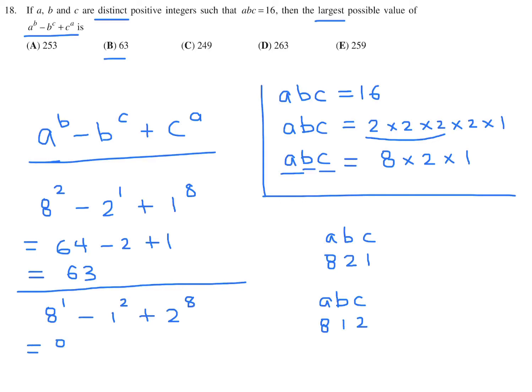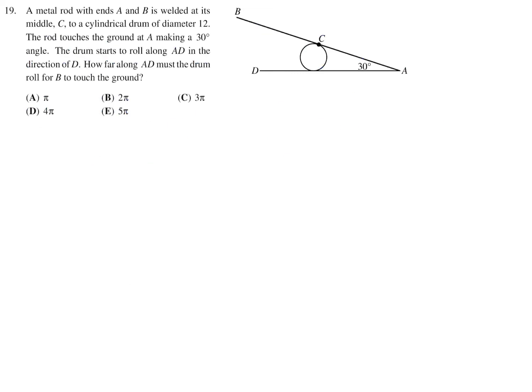All right, so this is 8 minus 1 plus 2 to the power of 8 is 256. So this becomes 264 minus 1, so 263. So that's pretty big. And I think that's the largest one that they give us. So yeah, there's no answer choice larger than that, so that's got to be the answer. So 18 is D.